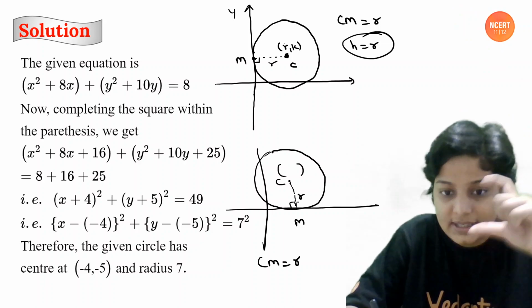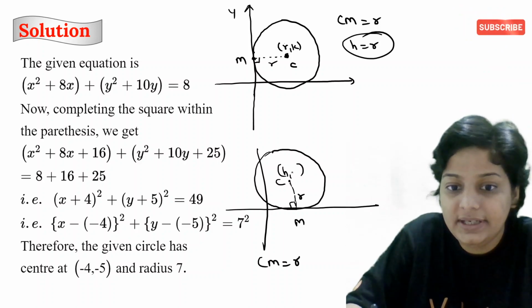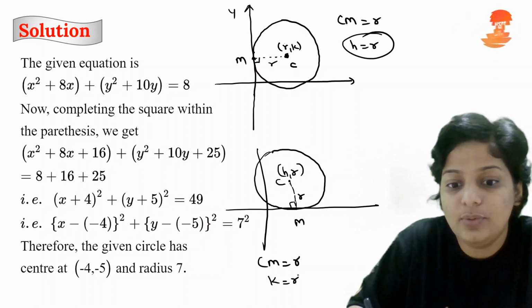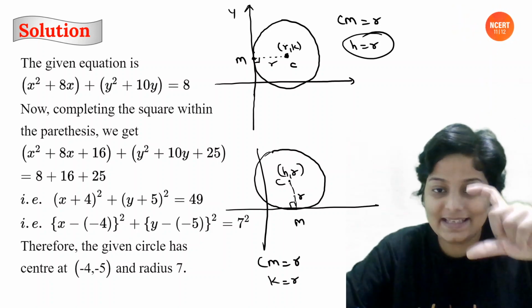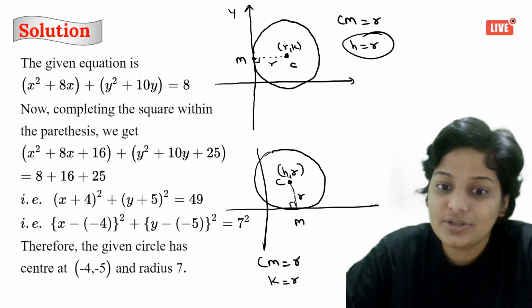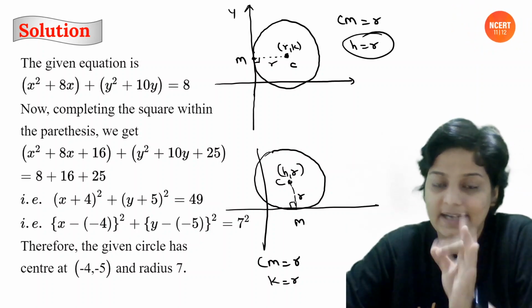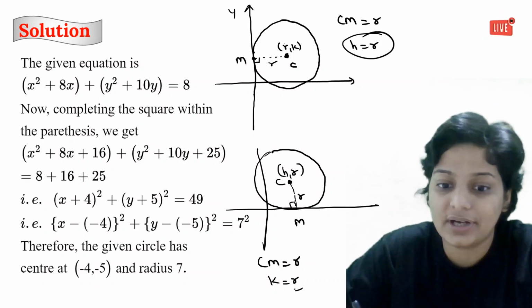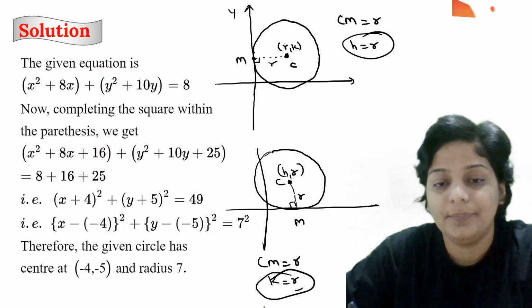But we can also say that cm becomes the y coordinate of the center. So k will be equal to r because ये जो distance है cm वही तो radius है ना? तो ये जो c का x coordinate तो h है center का, but y coordinate कितने दूर है? It is equivalent to the radius. So k is equal to r.